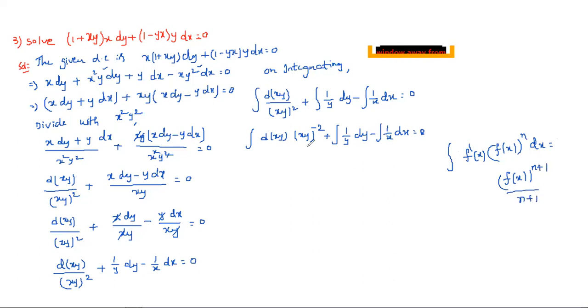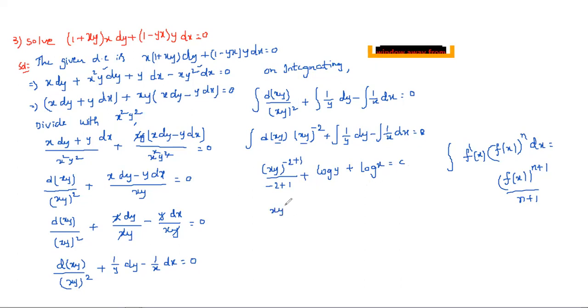Here f of x is xy, and the derivative of xy is f dash of x. So simply apply it here, where n is minus 2. So minus 2 plus 1, plus the integral of 1 by y, which is log y, plus log x, is equal to c. Don't forget to write c.